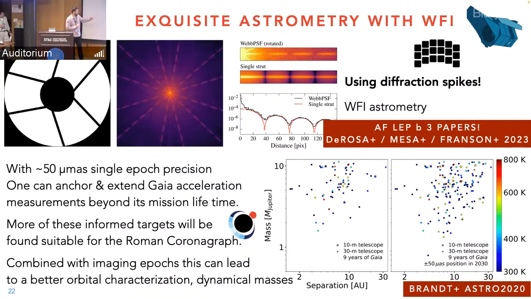That's what Tim Brandt showed in his paper, which would be suitable for the coronagraph and also other high contrast imagers. And also, you know, you could use those priors to do a better job at orbital fitting and properties characterization of those planets.